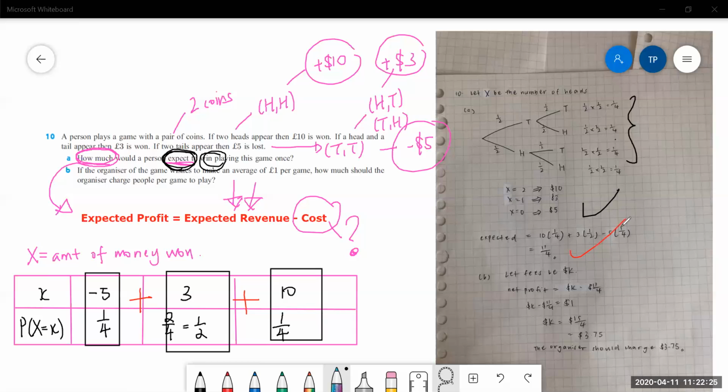So we expect to win maybe $2-ish, right? Always put it in terms of the units. So it's $2 and what? 75 cents? Yeah, because it's 2 3/4, so it's $2.75. Correct? Okay, nice.